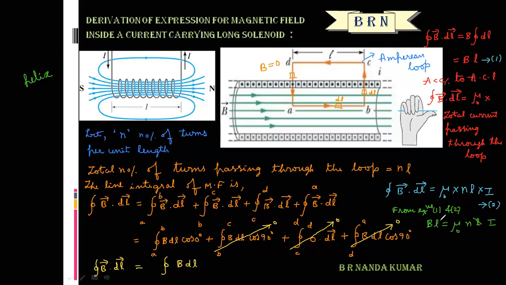So L gets cancelled. So finally, we will get B is equal to mu naught n I.